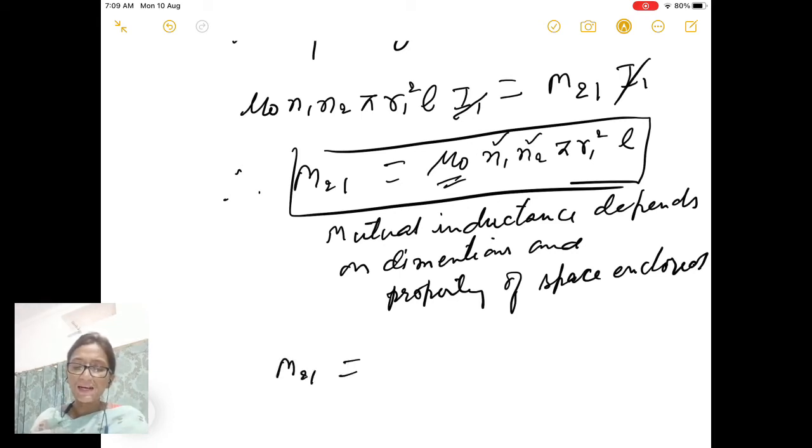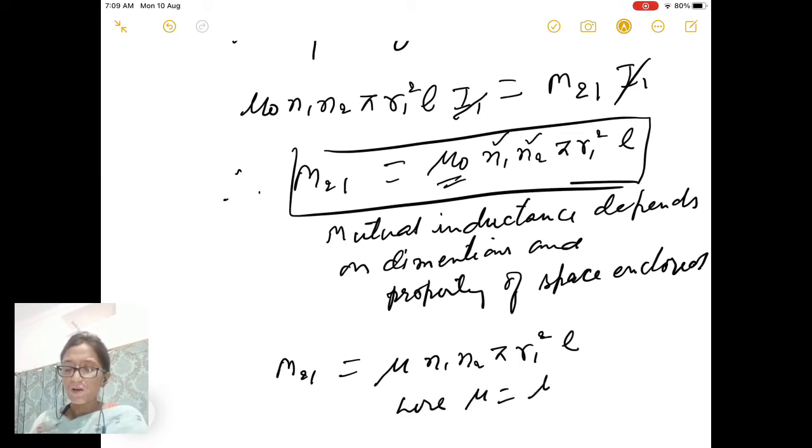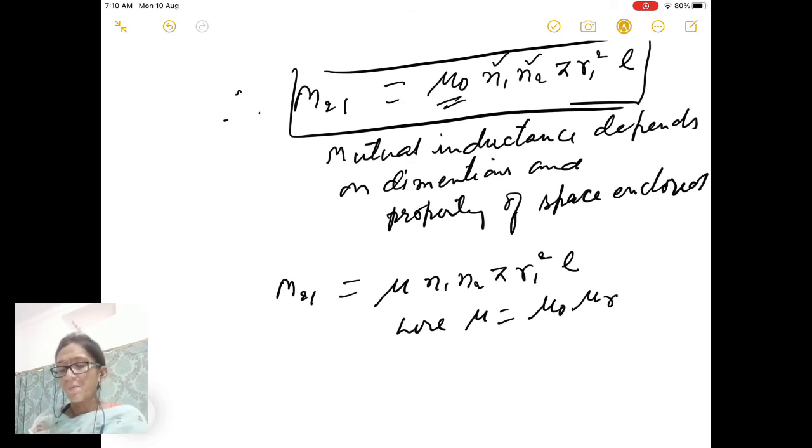So mutual inductance will then become mu N1 N2 pi R1 square L. Here mu is equal to mu naught into mu R, where mu R is the relative permeability.